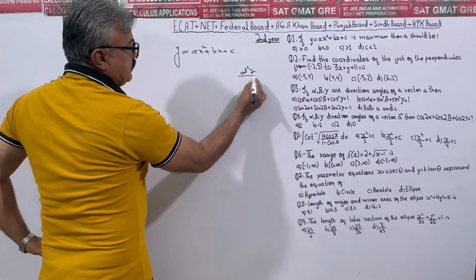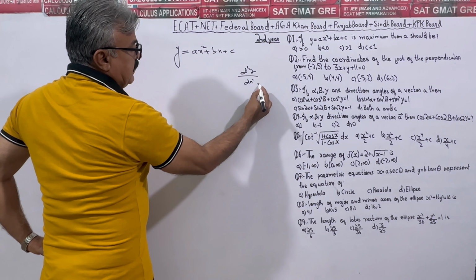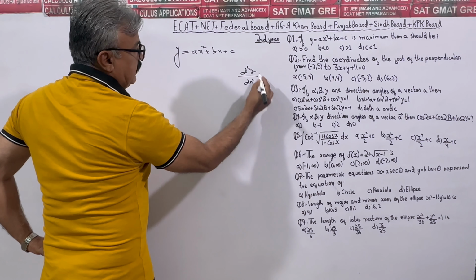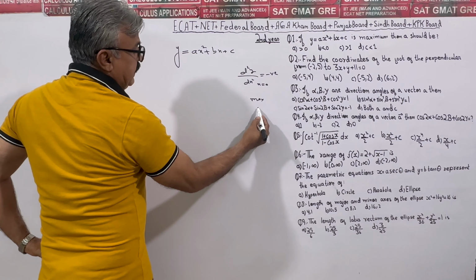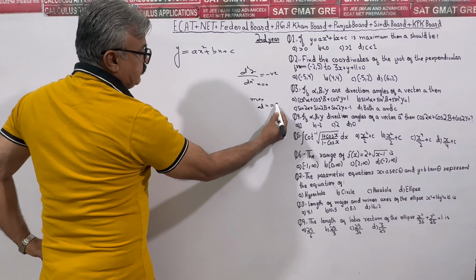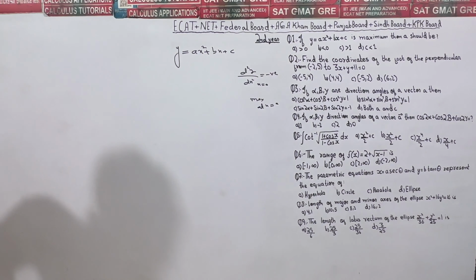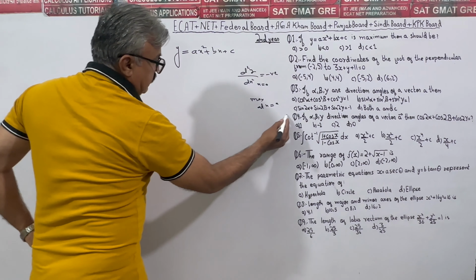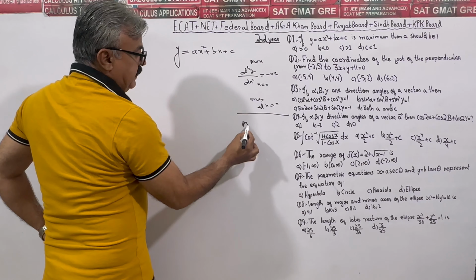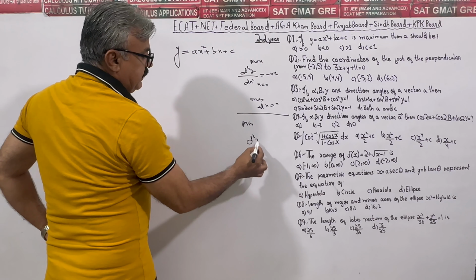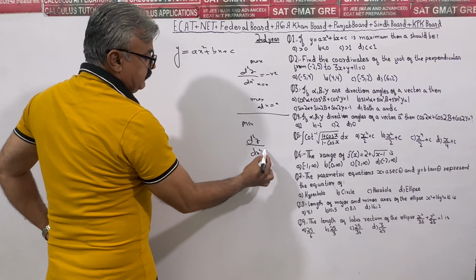When the double derivative is negative at some value of x, then it has a max at that x. Double derivative must be negative for max. For min, double derivative must be positive.